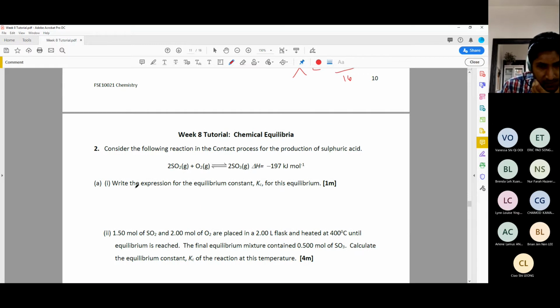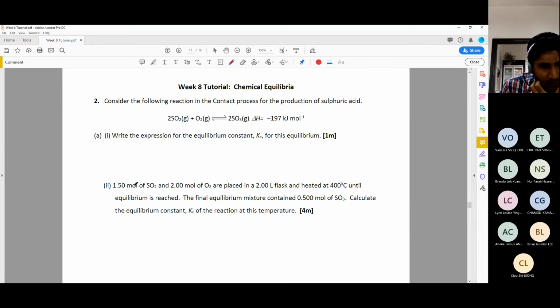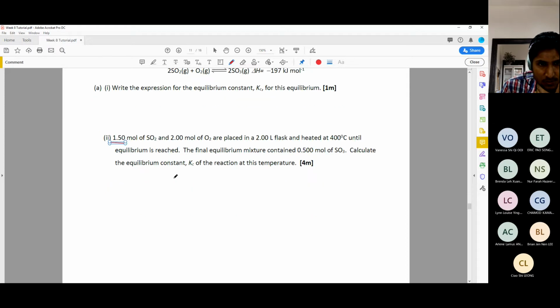Question number 2A. It is also the same thing, because it says 1.5 moles of sulfur dioxide. For this type of question, the first thing you have to write is the equation, and underneath the equation do the ICE table.